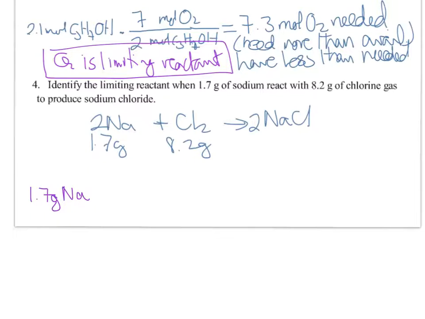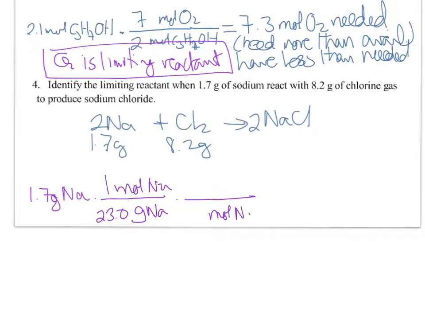If you look at your mole chart, I want to end up with grams of chlorine so I can compare it to this number. So first, I'm going to go from grams of sodium, so grams of sodium on the bottom, to moles of sodium. 1 mole is 23.0 grams. Then I'm going to go from moles of sodium to moles of the substance I want, which is the chlorine. And it's a 1 to 2 ratio for my coefficients.